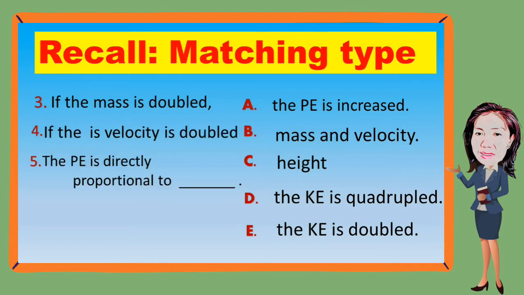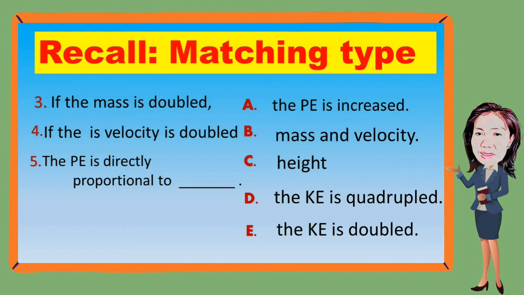Number 5, the potential energy is directly proportional to blank. What should be the answer for the blank? Letter C, because the statement talks about potential energy. Okay, so potential energy is directly proportional to height.